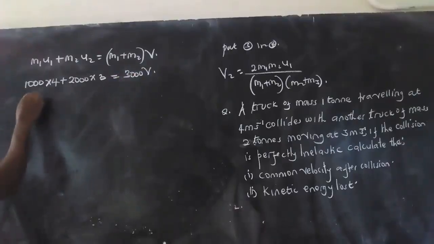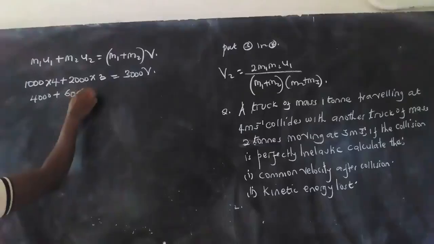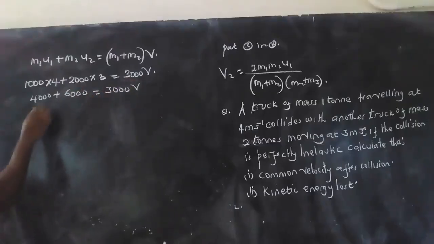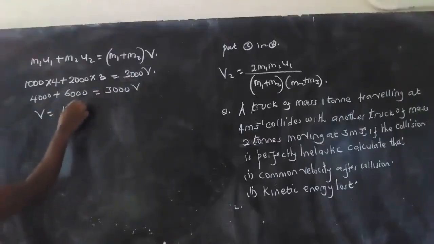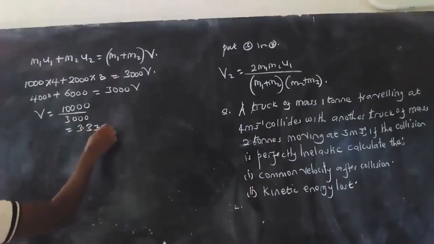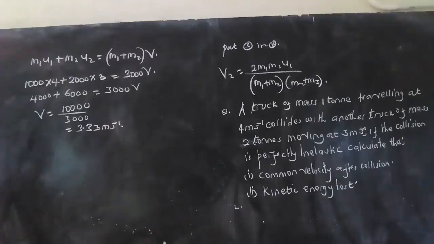So this is 4,000 plus this is 6,000, giving us 10,000. So our v will become 10,000 divided by 3,000, which becomes 10 over 3, that's 3.33 meters per second.